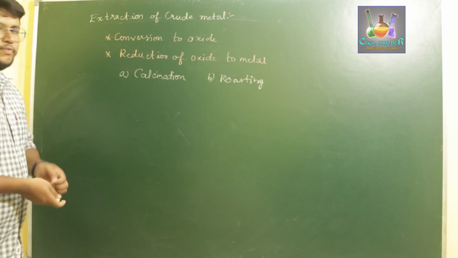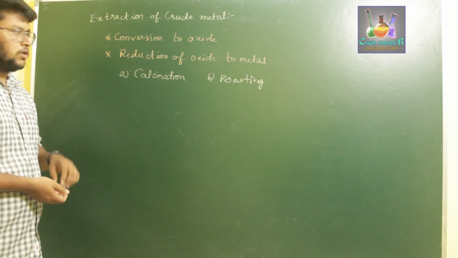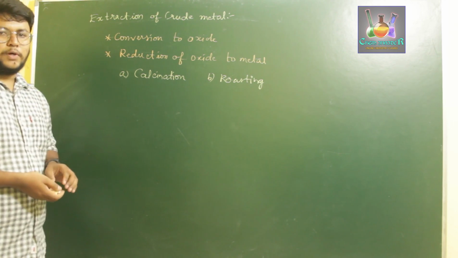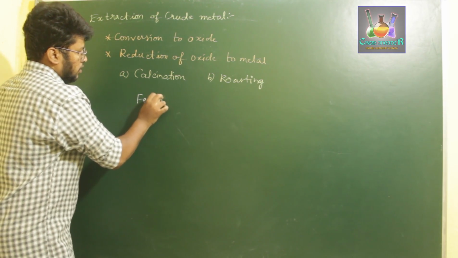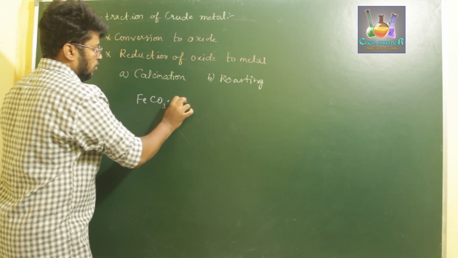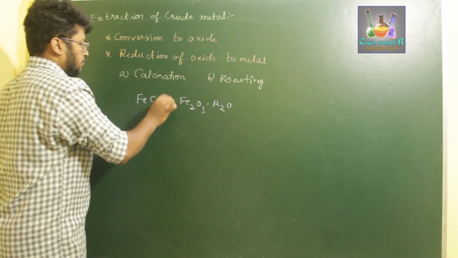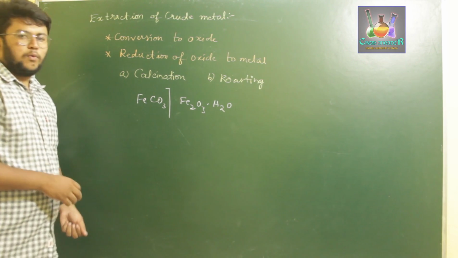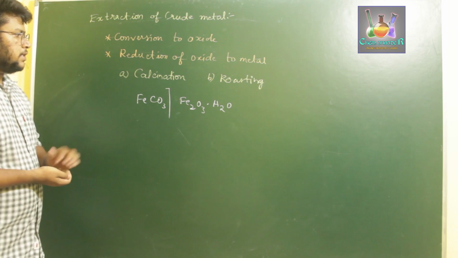What we have to do is, first we need to convert the non-oxides of a metal ore to its respective oxides. If there are certain oxides already present in a given ore, like for example FeCO3 or Fe2O3.H2O, these components have water molecules and carbon dioxide present in them, which can be removed by just heating.